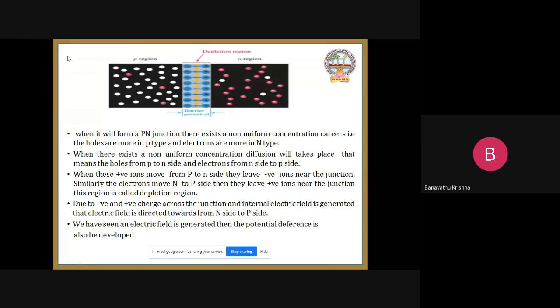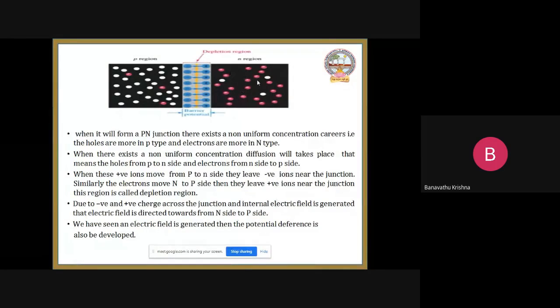That is the diffusion. Due to the diffusion, when the holes move from the p side to the n side, the holes are positively charged particles and the electrons are negatively charged particles. When the holes move from the p region to the n region, near the junction they leave negatively charged ions.